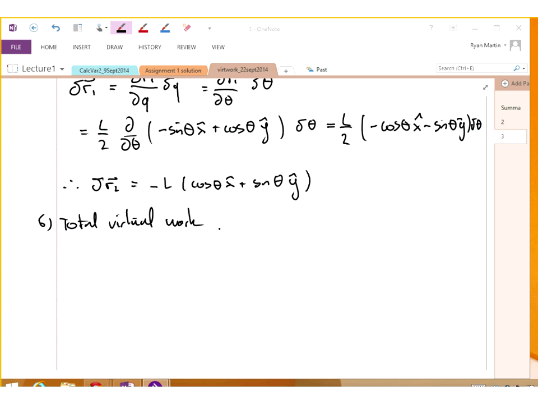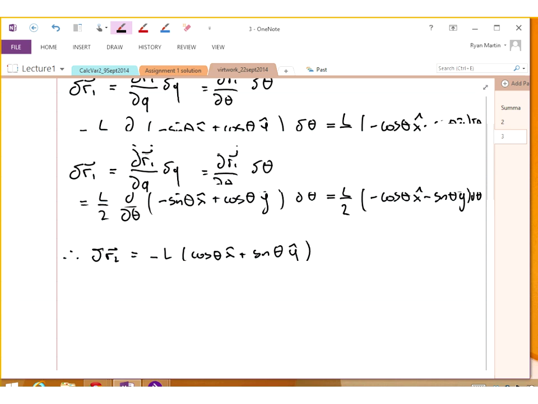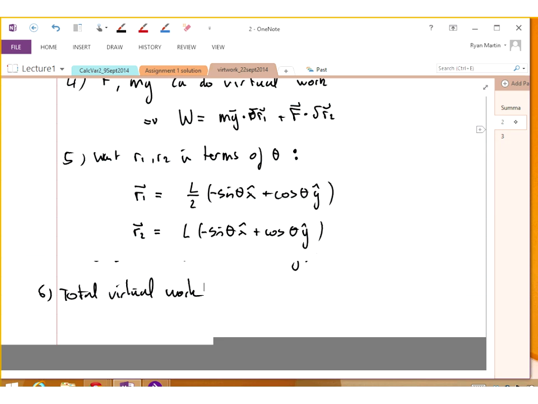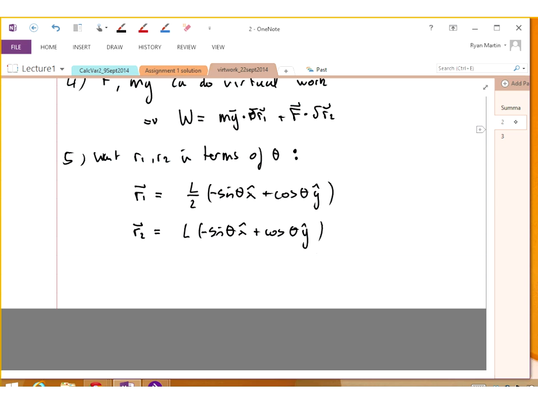No, I think before you take the derivative, the cos theta and the sine, and the x and y components have different signs, but after you take the derivative, they have the same sign. Okay. Because R1 and R2 are basically the same vector, just one is twice as long as the other, right? Right. Okay.